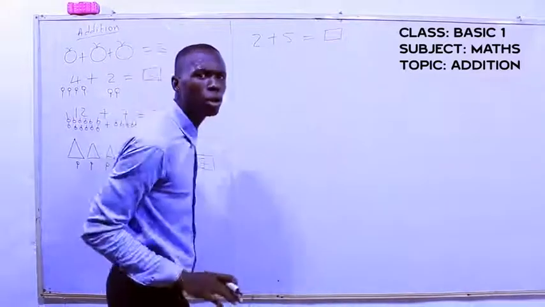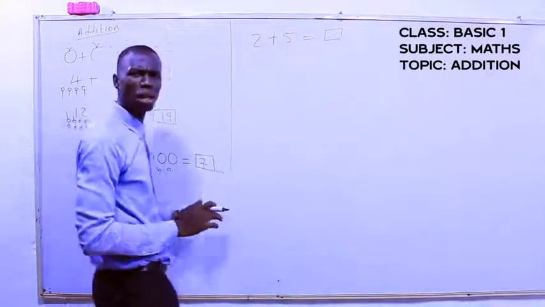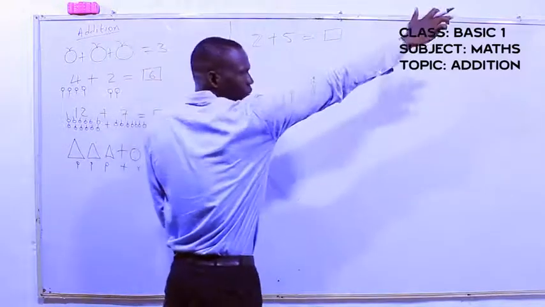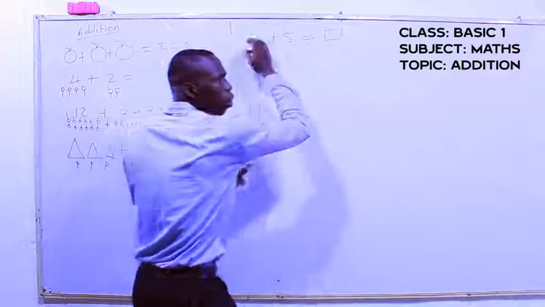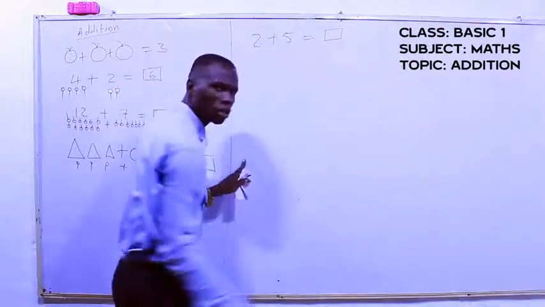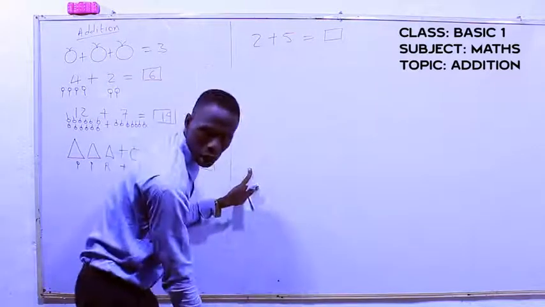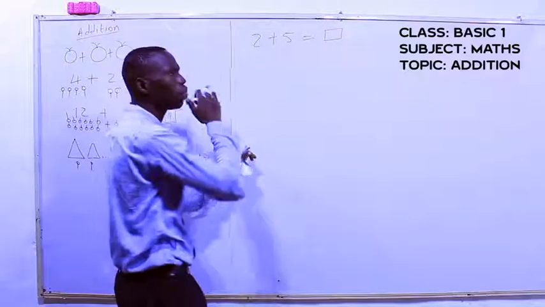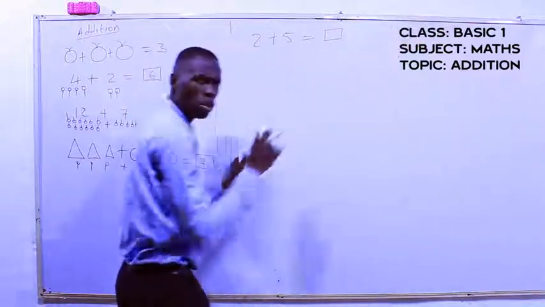Why is it horizontal addition? Because it goes horizontal. It goes like this. What is horizontal? This way. What is vertical? This way. The one that goes down is vertical. The one that goes like this is horizontal.